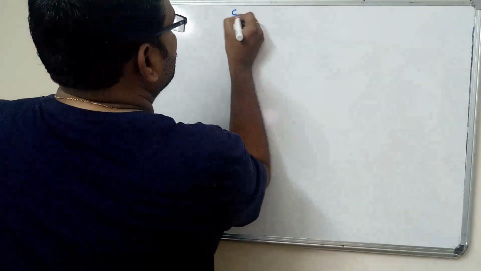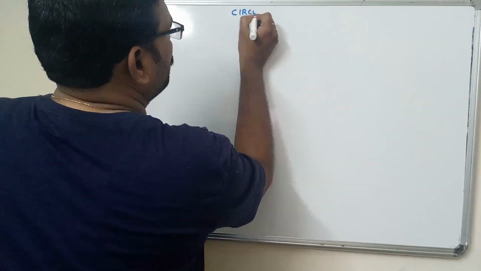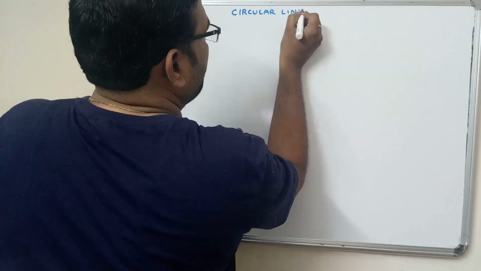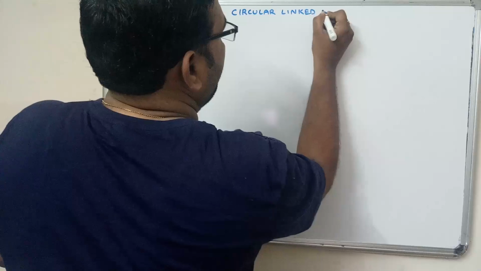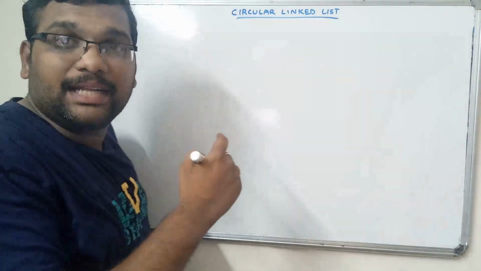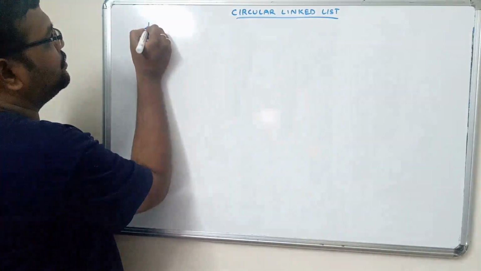Now in this session we will see one more operation on circular linked list, that is insertion. Now let us see the insertion.